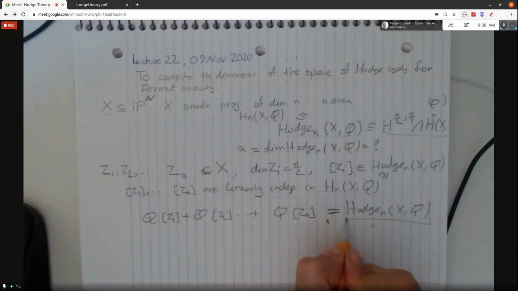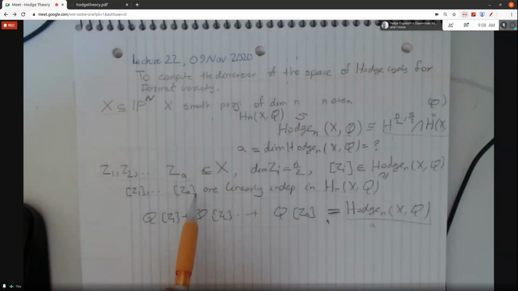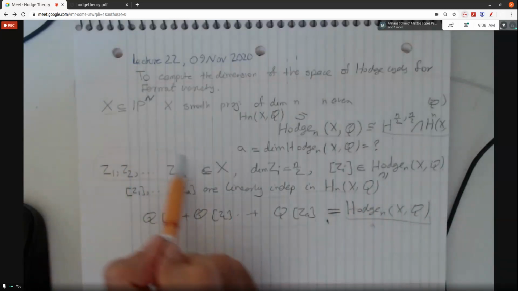That's why computing the dimension of the space of Hodge cycles is important, because in this way we know how many algebraic cycles we have to construct. At the end of the day, this computation is difficult, but I have to say that the most difficult part of the Hodge conjecture is not computing the dimension. It is constructing these algebraic cycles.